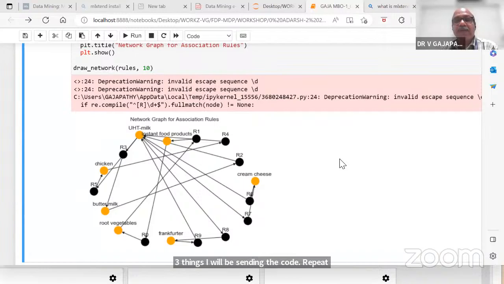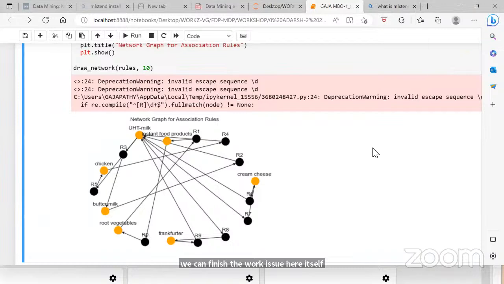It is not happening here. I think these people are blocking here. Otherwise, I will be sending here itself. I will be sending to you. No problem. Otherwise, we can finish the work here itself.